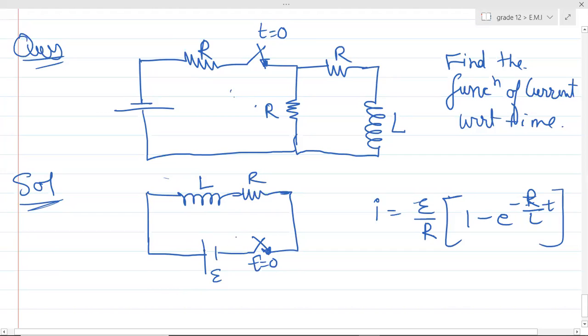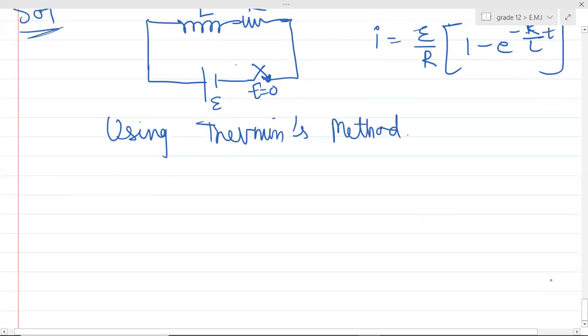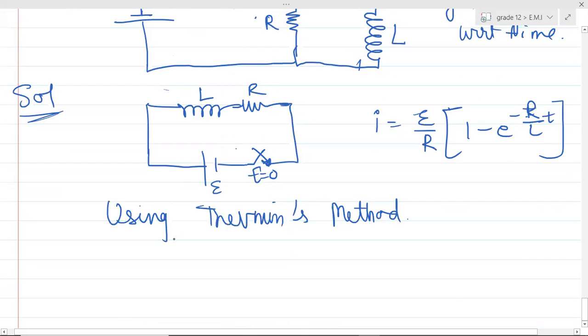So equivalent battery across this inductor, right? So basically remove the inductor from here using Thevenin's method. And that's why I taught you lots of methods, because those methods will not only be solving your current electricity problem, they will be solving a lot of different things. That's why we focus too much time on current electricity.